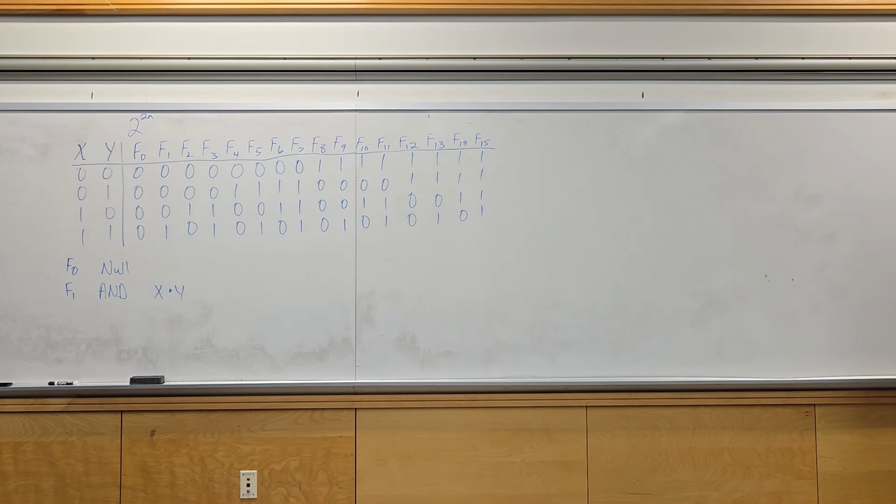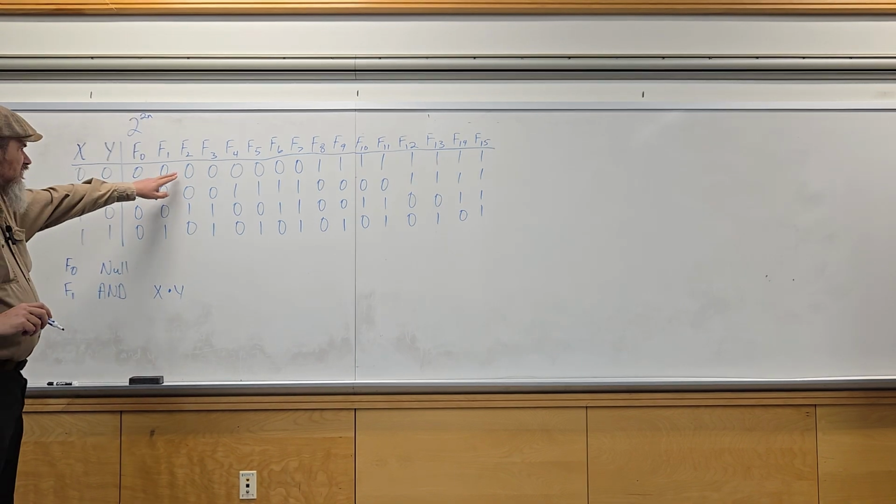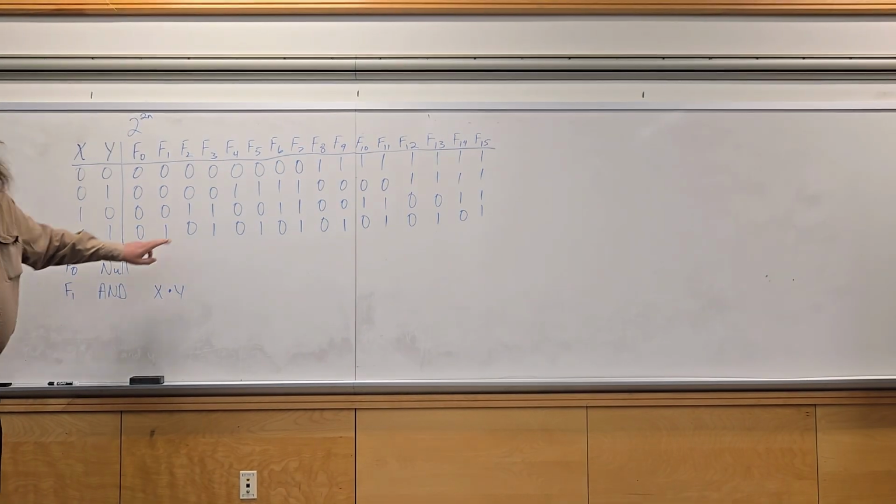F2. This F2 here is a function called inhibition. It's x, but not y.